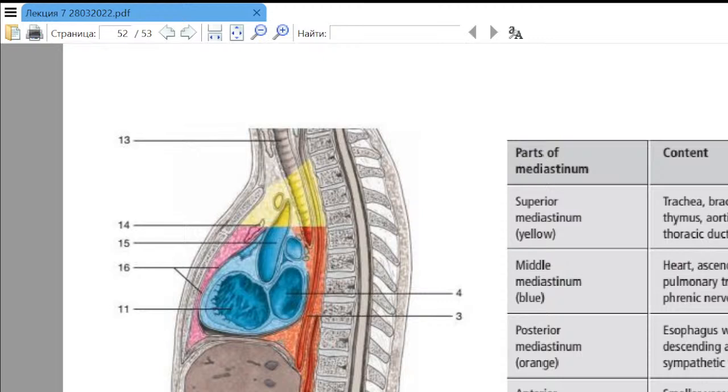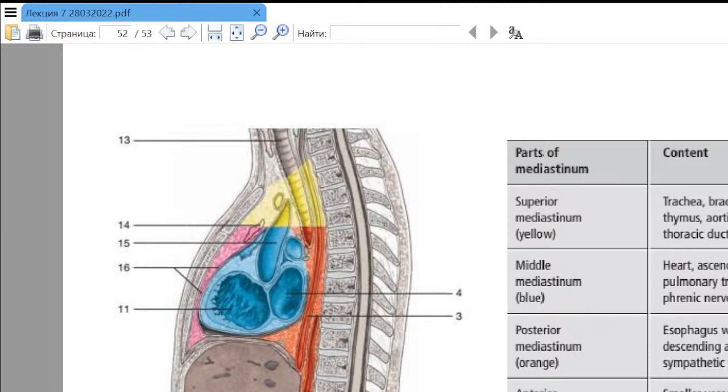In the posterior mediastinum are located the esophagus with vagus nerves, descending aorta, thoracic duct, sympathetic trunk. In the anterior mediastinum, pink, are located smaller vessels and nerves, fat and connective tissue, and the thymus, only in children.